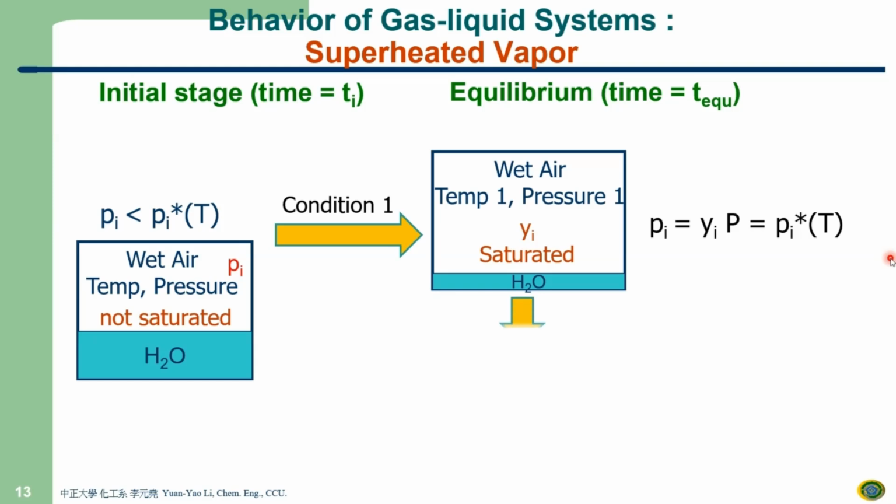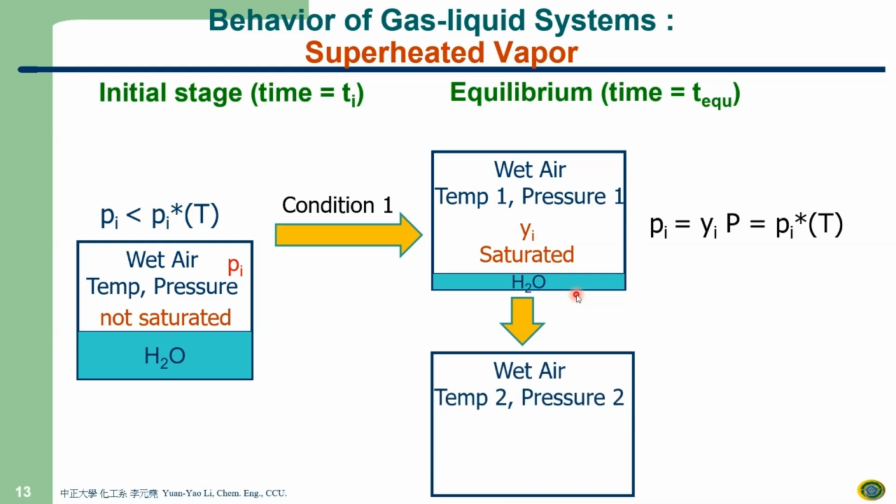Right, so what happens if you keep increasing the temperature at this time? It has reached saturation, the water vapor increased and the liquid water decreased. If you increase the temperature, then what happens? The water will vaporize again, one more time, until there's no water left.